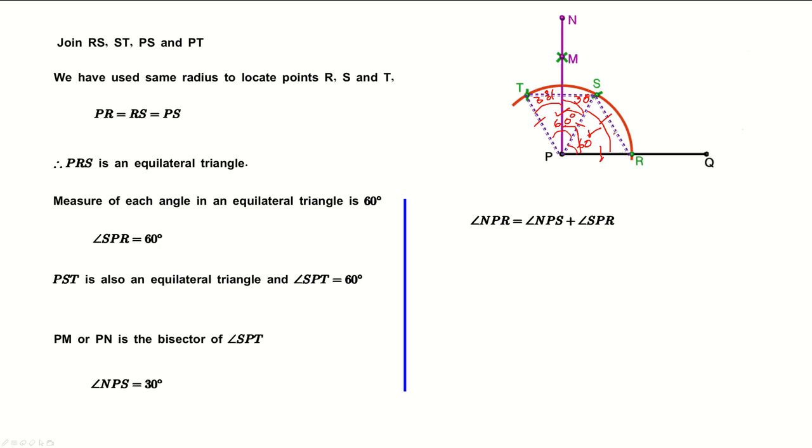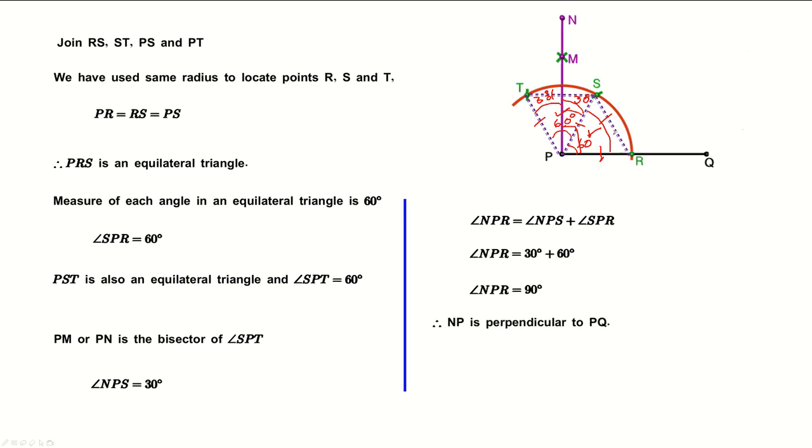We have already proved that angle NPS is 30 degrees, and angle SPR is 60 degrees. Let us plug in the values. Angle NPR equals 30 degrees plus 60 degrees, which gives us angle NPR equals 90 degrees. This is what we needed to prove.